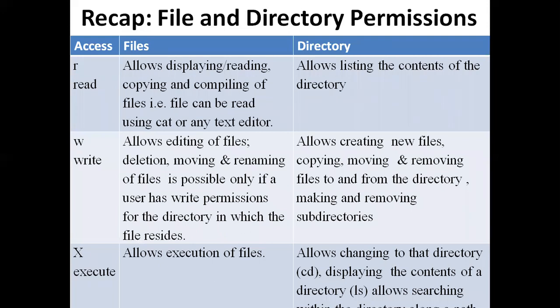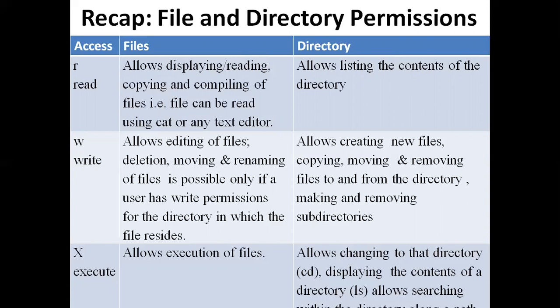What we mean by read, write, and execute permissions: whenever a file has read permission, it means the user is allowed to read this file, copy and compile this file. But if this permission is for a directory, then it means the user can see the contents of the directory using the ls command.